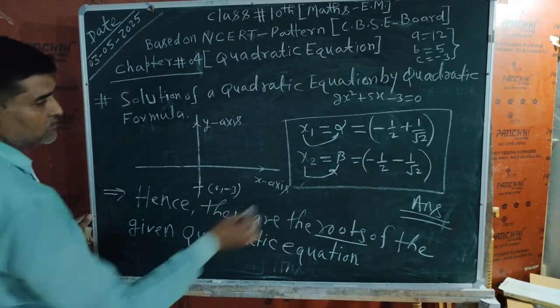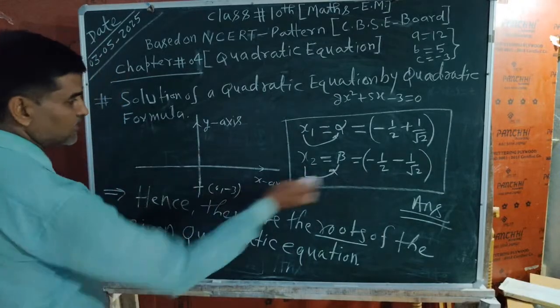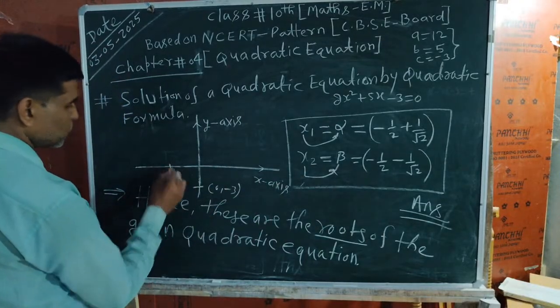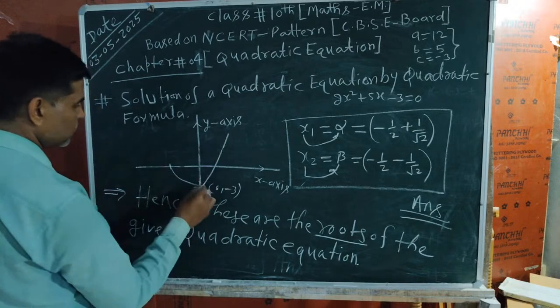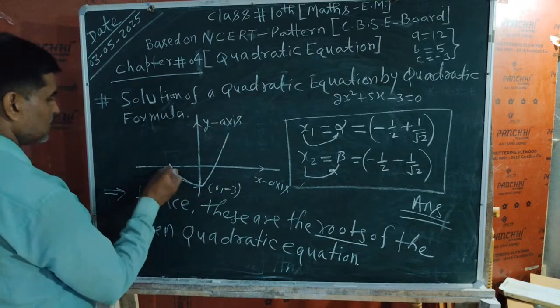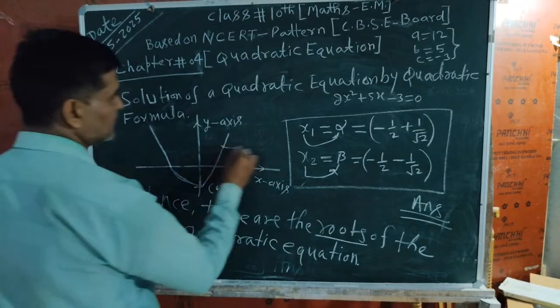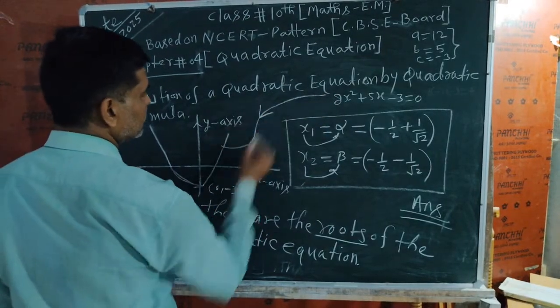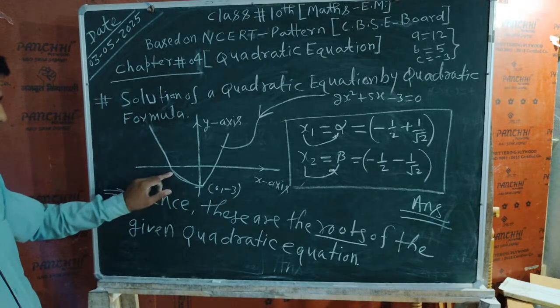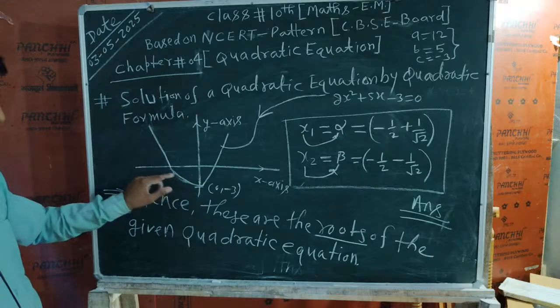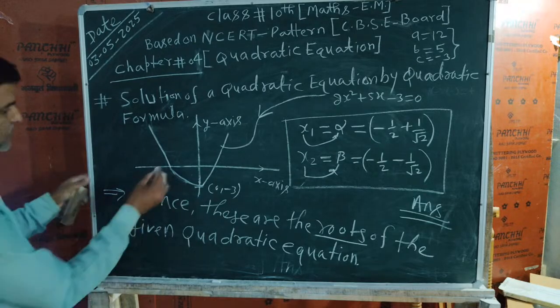And when I take the values on the x-axis, suppose the curve will go like this, so that will be a parabola, and its diagram is drawn here. Okay student.